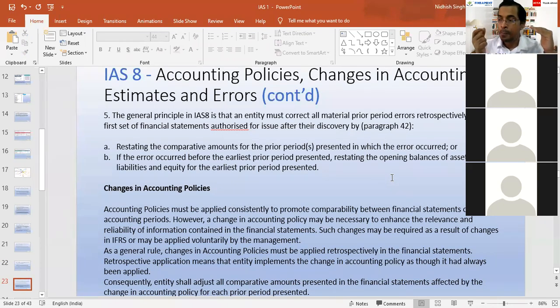You agree? Yeah. So what will happen, if the machine had a useful life of 10 years, now it is 15 years. A machine which was say 10 lakhs will go a little up in value. Now that unrealized P&L will be positive in your statement of profit and loss.